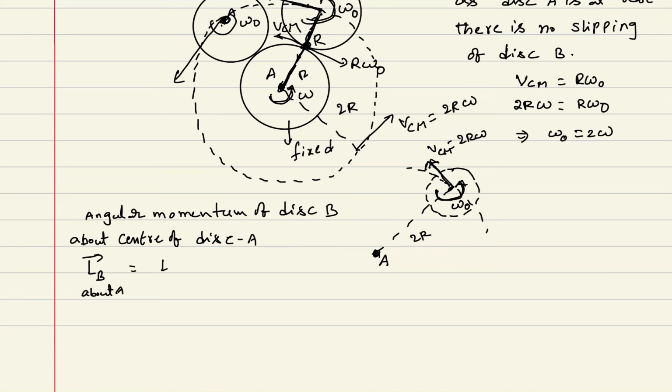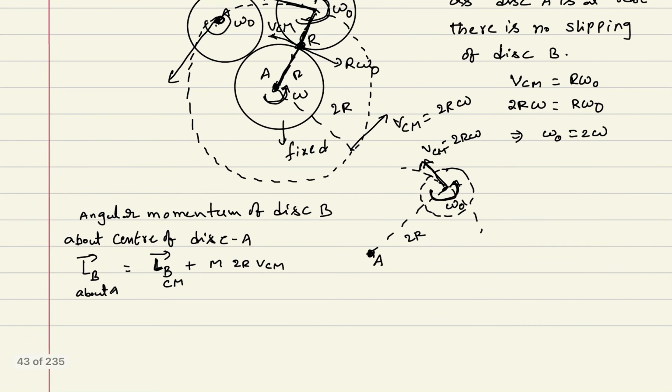Now the angular momentum of B about A can be written as the angular momentum of B about its center of mass plus the angular momentum of the center of mass, that is r vector cross mass into velocity of center of mass. This is moving in the same anti-clockwise direction, so the values are in the same direction and will be added. Let that direction be k cap.